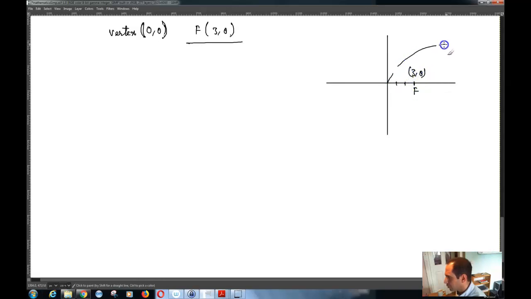It means that your parabola opens this way, and so this is going to be not x but y squared is equal to 4ax. Since a is equal to 3 here, this distance, so then you can write y squared is equal to 4 times 3 is equal to 12x.